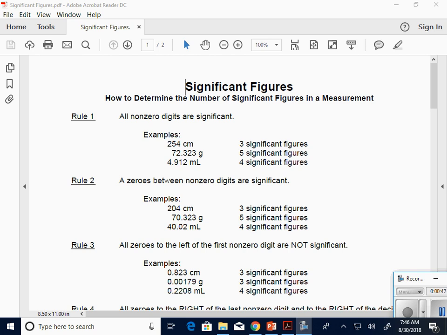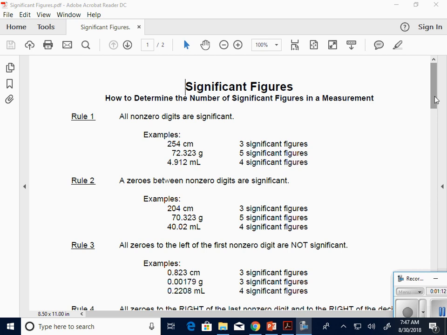If it's a 0 between non-zero digits, they are significant. Number 3, Brianna. All zeros to the left of the first non-zero digit are not significant. I call those front end zeros.